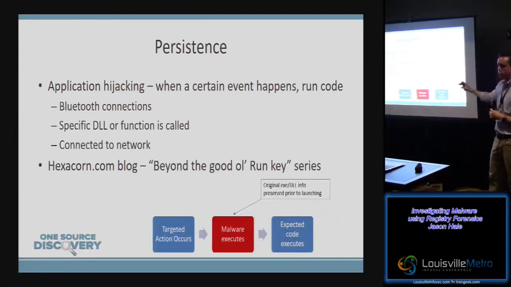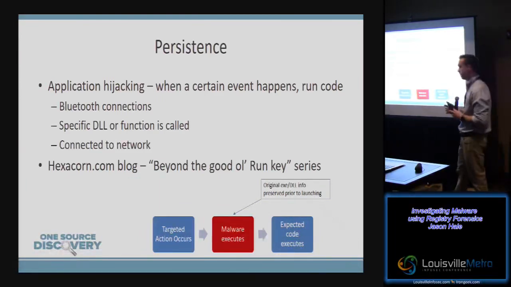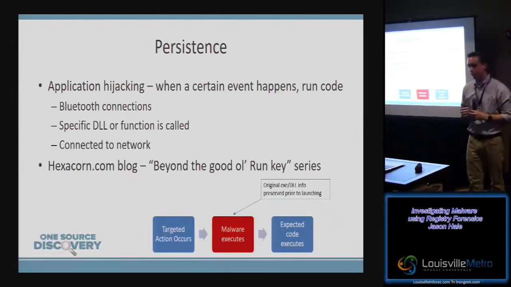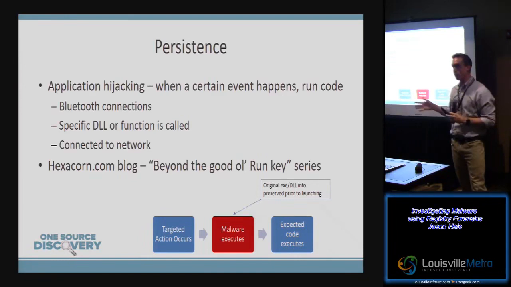And this is just looking at the registry. There are plenty of instances outside of this that are even more interesting. The Hexacorn blog, hexacorn.com, has a great series. I think he's up to 60-something blog posts on it.